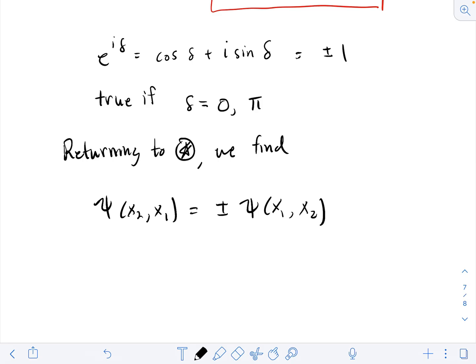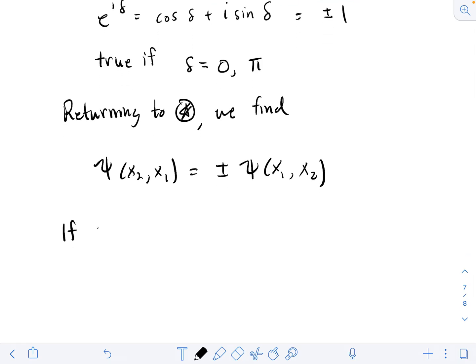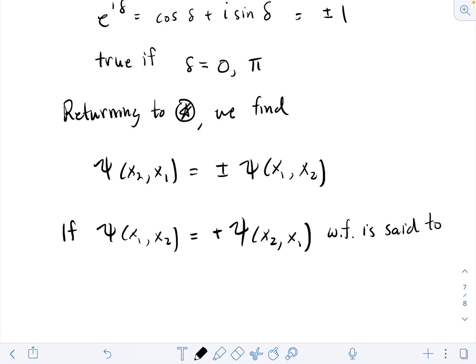So either exchanging two identical particles leaves the wave function completely unchanged, so phi(x2, x1) is equal to phi(x1, x2), or it introduces a negative sign. So those are the two cases. If the exchange of particles leaves the wave function unchanged, the wave function is said to be symmetric.